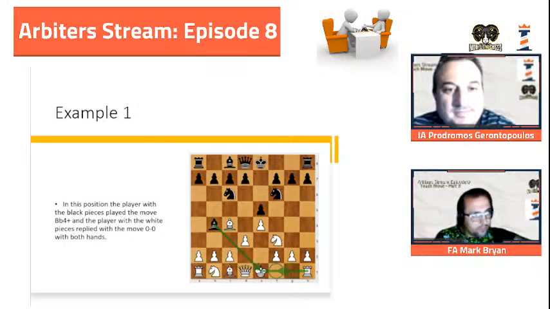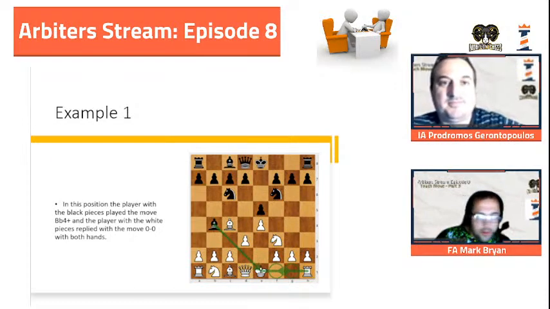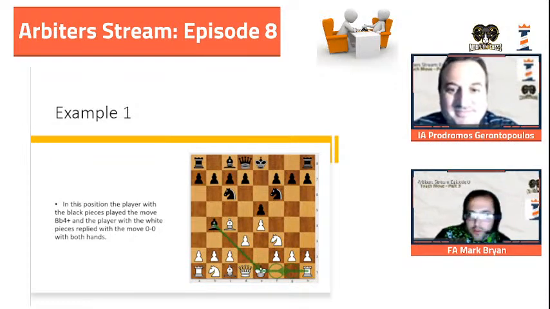You can introduce, Mark, and we can explain later on. Yes. So, in the first example, in this position, black just played bishop b4 check. And with this move, the bishop is attacking the king. And white castled kingside.